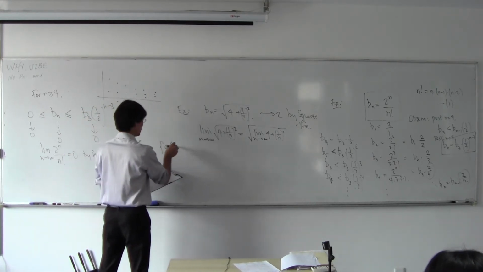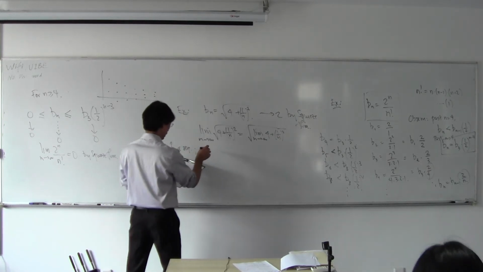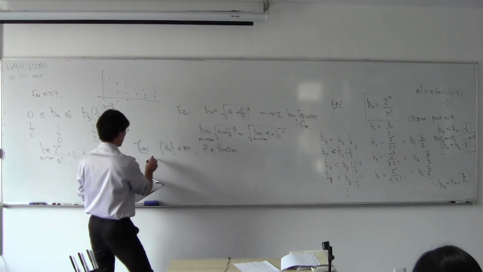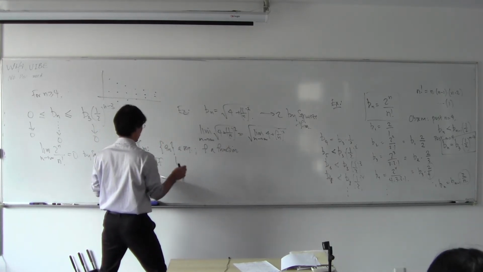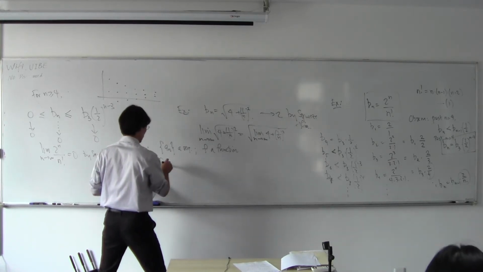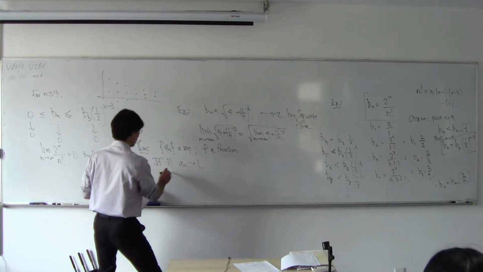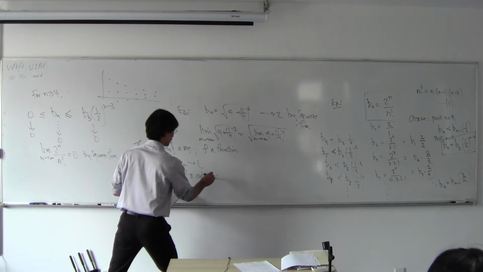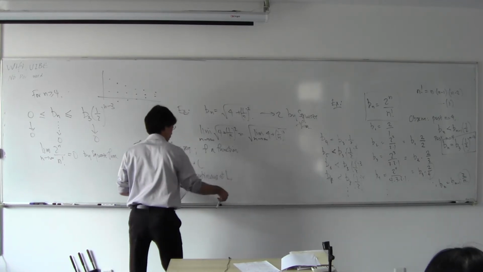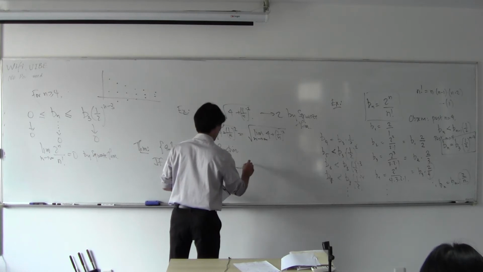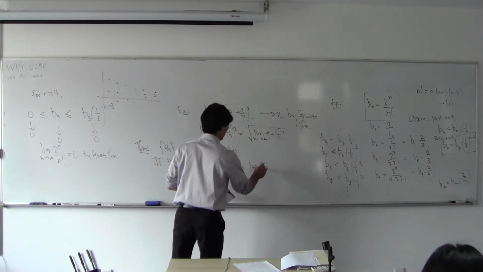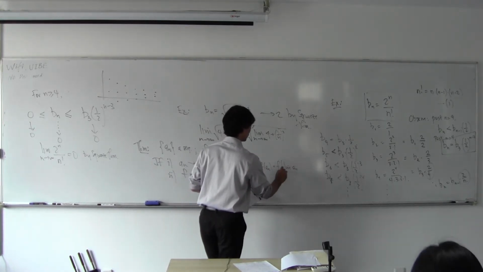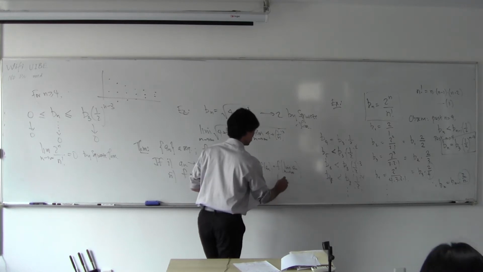If you have a sequence and you have a function like the square root, if a sub n converges to L and f is continuous at L, then the limit of f of a sub n is f of the limit of a sub n, and that is f of L.